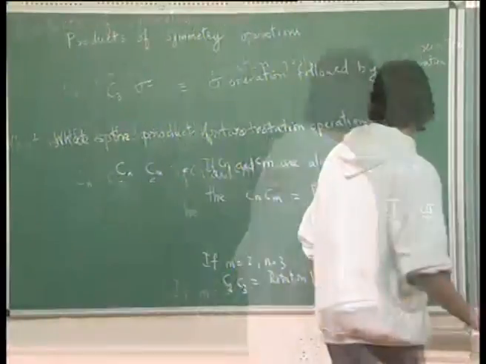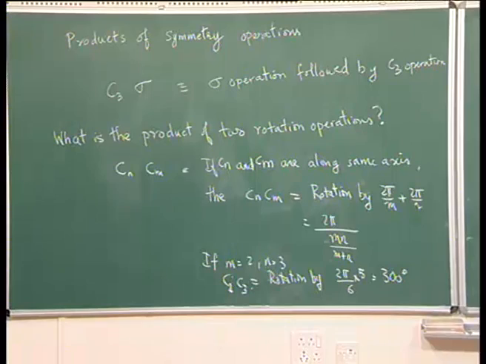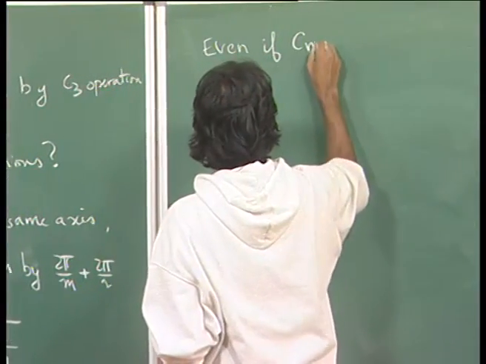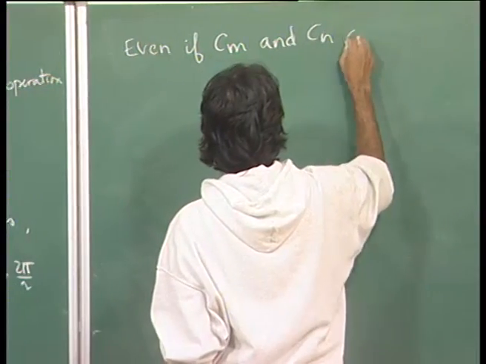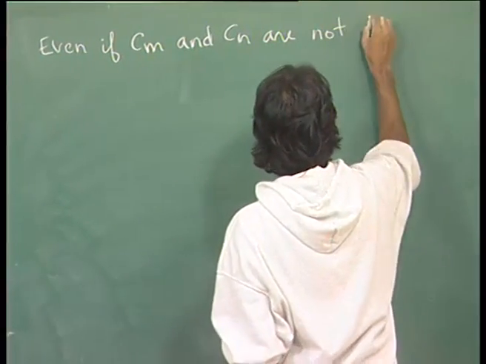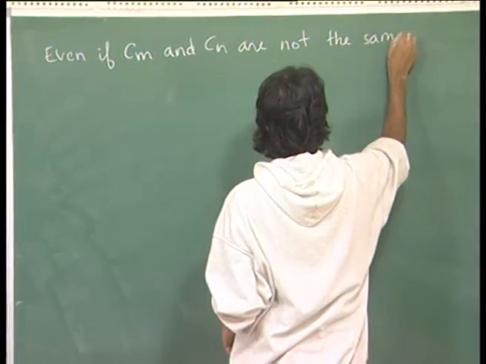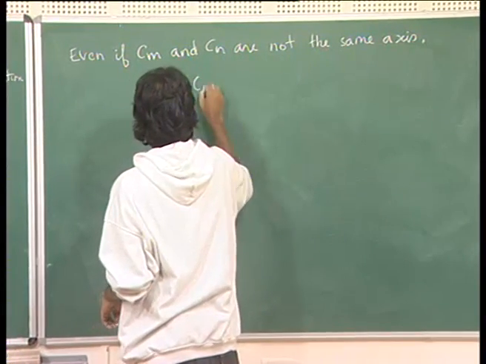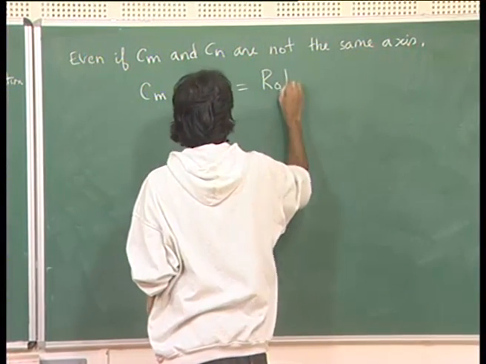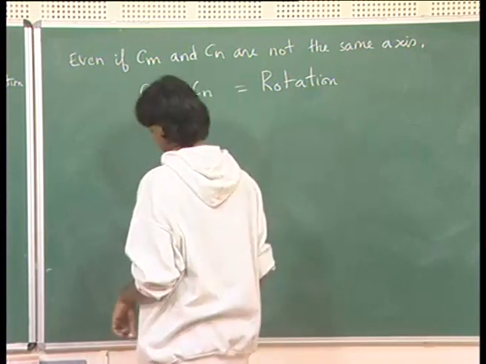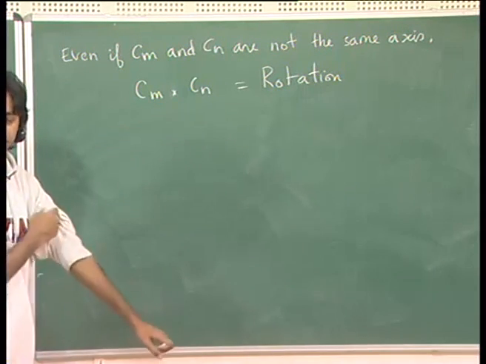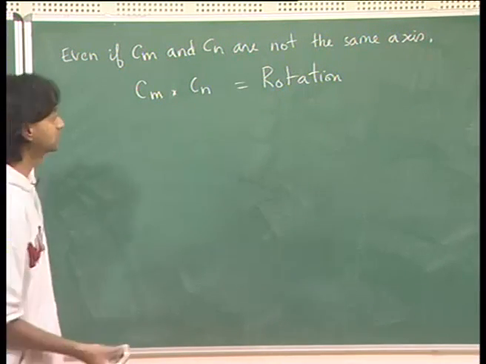Now if Cn and Cm are not along the same axis, the statement is that even then Cm times Cn is a rotation. You can prove that a product of two rotations is a rotation. It might be about a third axis, about some axis.